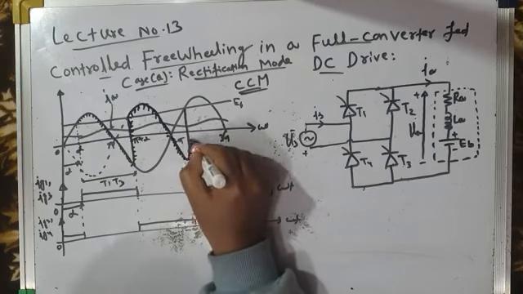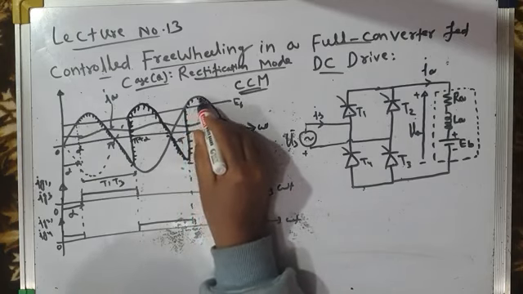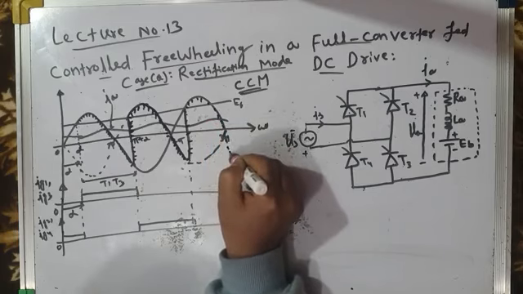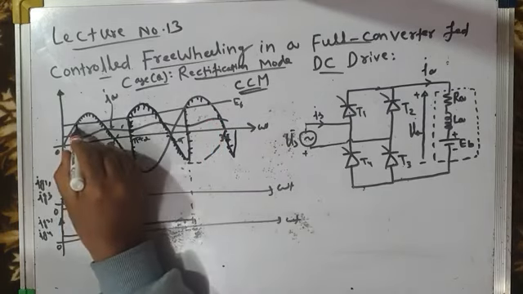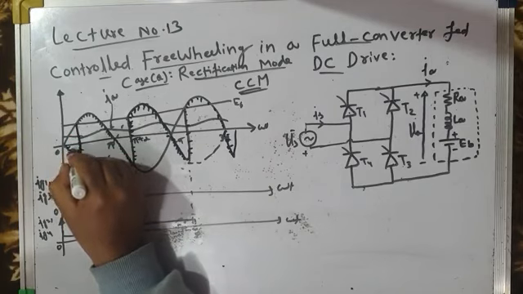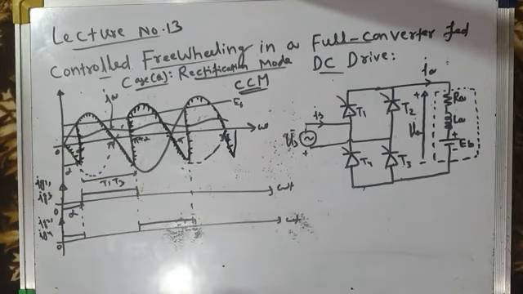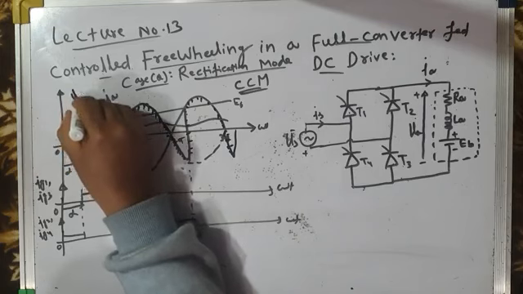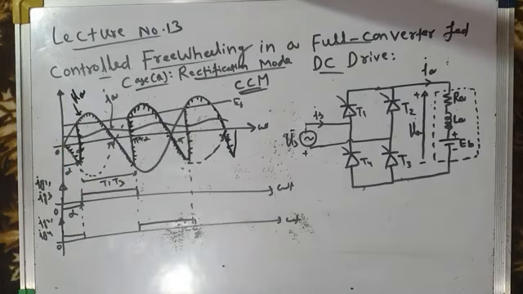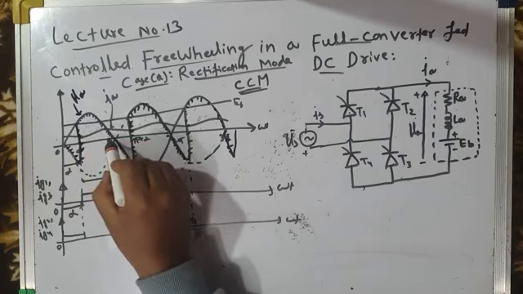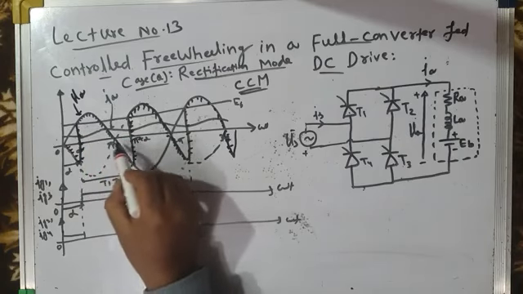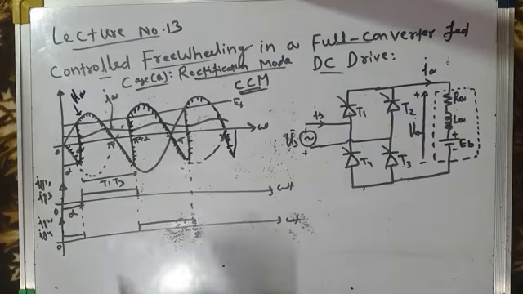It is again large positive segment and small negative segment, and so on. And previously also there was some small negative segment. So this is the nature of load voltage waveform, armature voltage VA. From alpha to pi, the load voltage is having large positive value, and from pi to pi plus alpha, small negative segment. Then again, large positive segment, small negative segment.